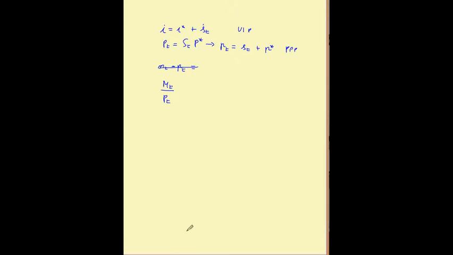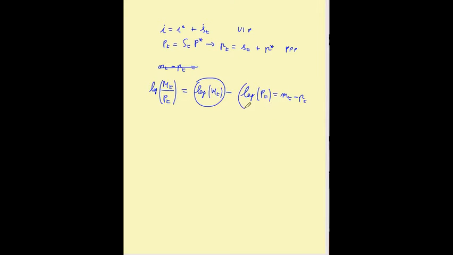If we apply the log to this, we get the log of nominal money stock minus the log of prices, applying the property, and this is equal to small mt, the log of nominal money stock, minus small pt, which is the log of prices.